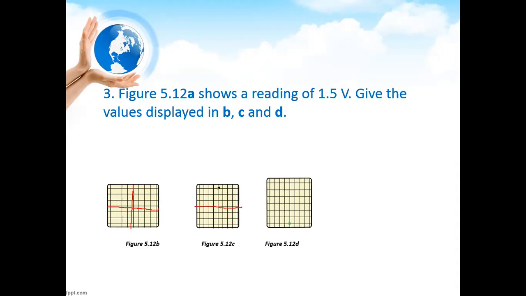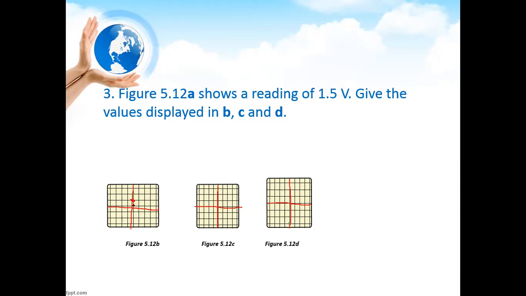Okay, it's not perfect, but let's put our coordinate system here. So figure 5.12 was showing the spot over here. The spot was here, so the value of the spot is 1.5 volt.